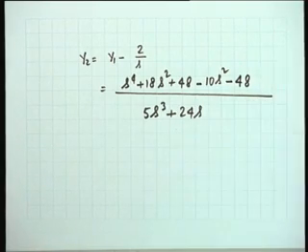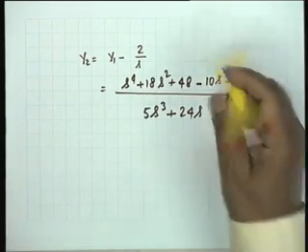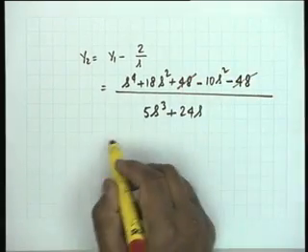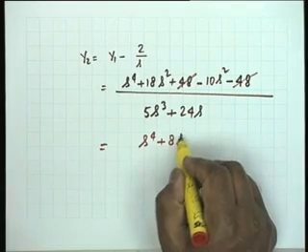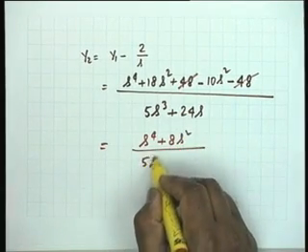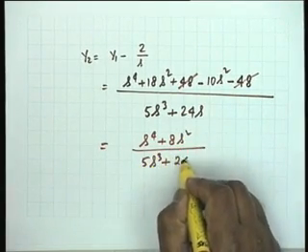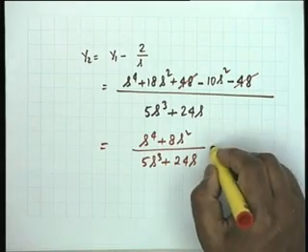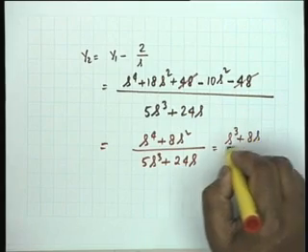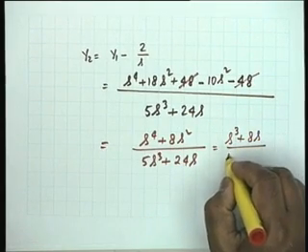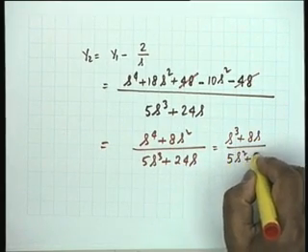So it's quite comfortable. 48 cancels, and then you get s to the 4th plus 8 s squared divided by 5 s cubed plus 24 s, from which s shall also cancel. So you get s cubed plus 8s divided by 5s squared plus 24.